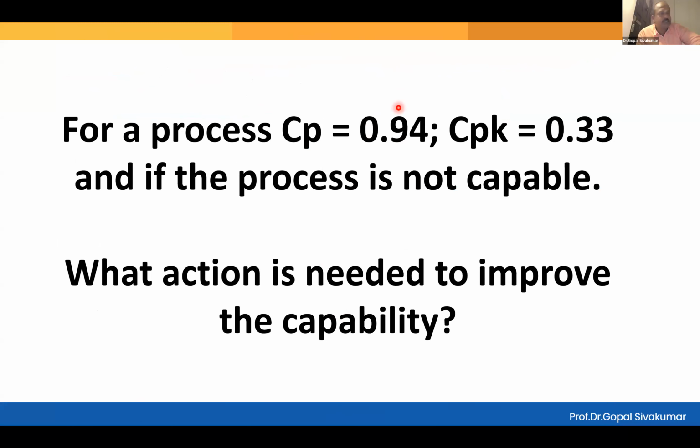If you want to know about consistency, look at the Cp. How much do we want? 1.67. So it is not consistent, and it is not capable. So what actions should you take? You must first reduce the variation. Next, you must move the mean towards the target.